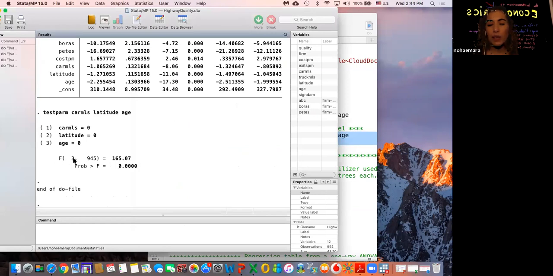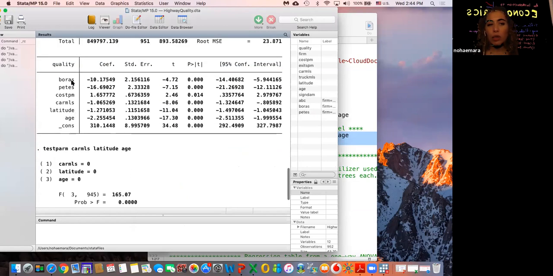This F statistic was computed from the restricted versus the unrestricted model. The one that you see here is the unrestricted model.